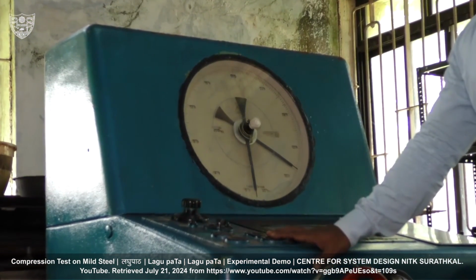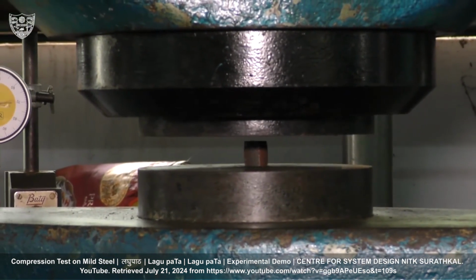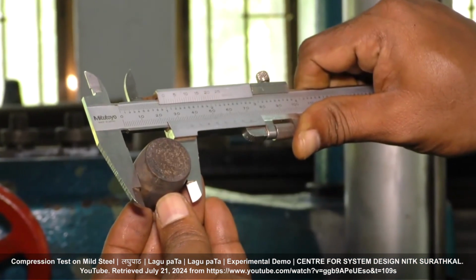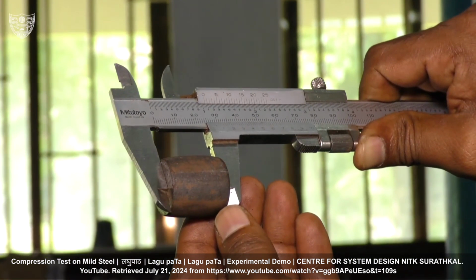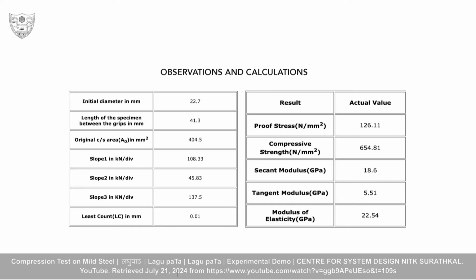The test is continued till the specimen takes a barrel shape when it is a ductile material. If it is not ductile but brittle, it will fracture. So, we measure the new length and diameter, then the graph of load versus dial gauge reading is plotted. Then we calculate the proof stress, compressive strength, secant modulus, tangent modulus, and modulus of elasticity.